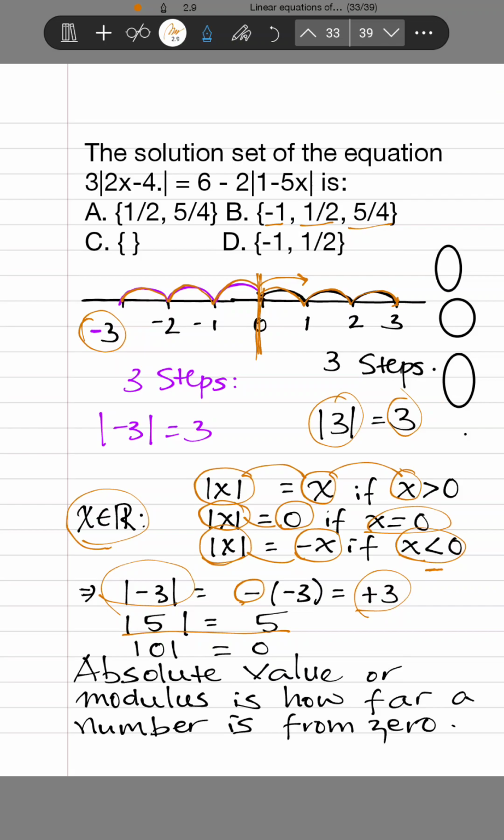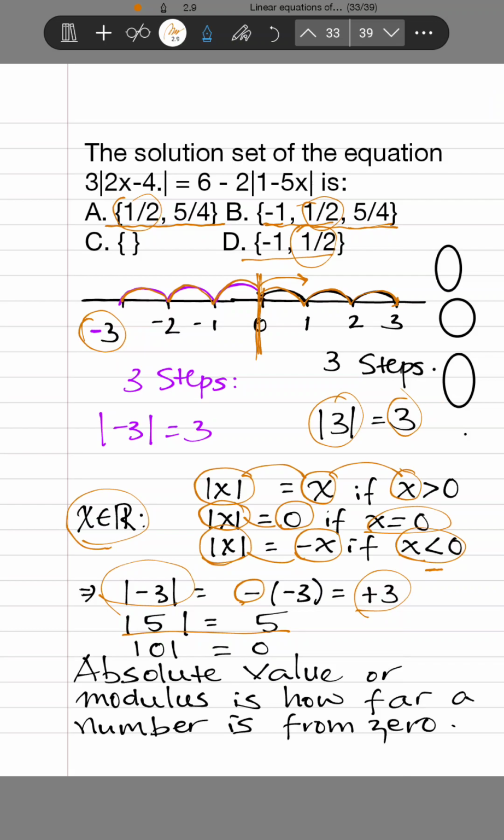So what we have to do is, let's see, in choice A, we have 1/2 and 5/4. In choice B, we have -1, 1/2 and 5/4. In choice D, we have -1 and 1/2. So we have 1/2 in 3 places. So it is just a systematic approach to try 1/2 and see if it works or not.